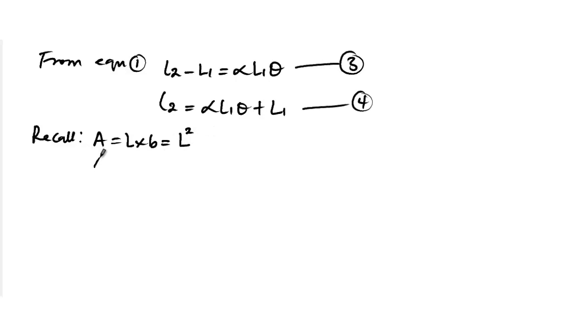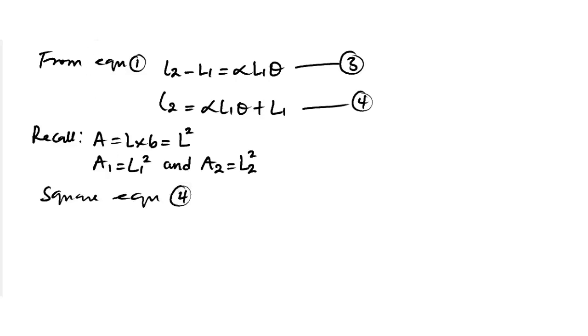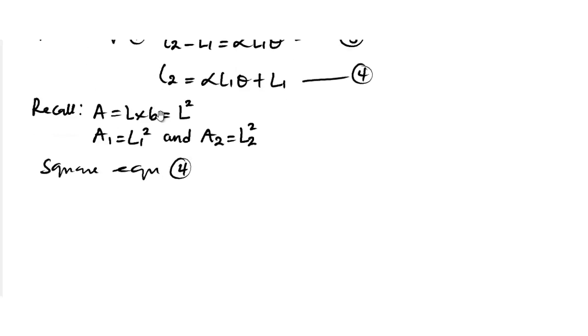So that implies that A1 is equal to L1 square, and A2 basically is L2 square. So what we have here is L2, so we can take the square and express it in terms of area. So you now square equation 4.